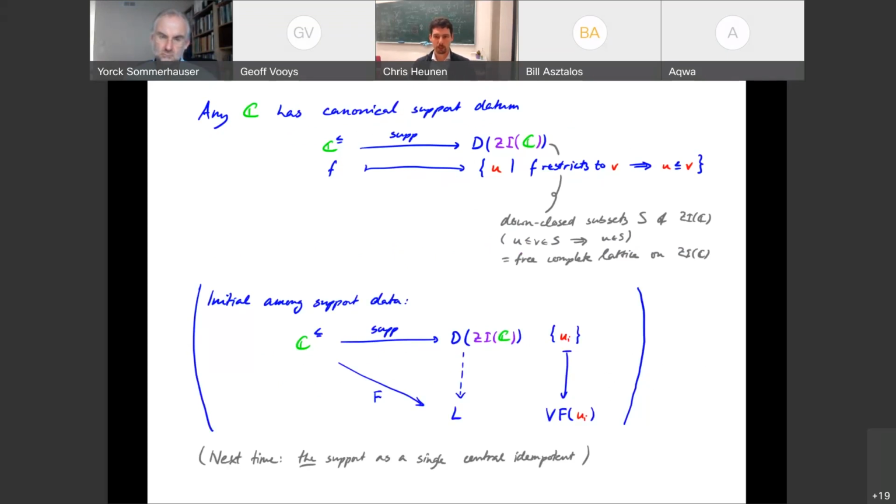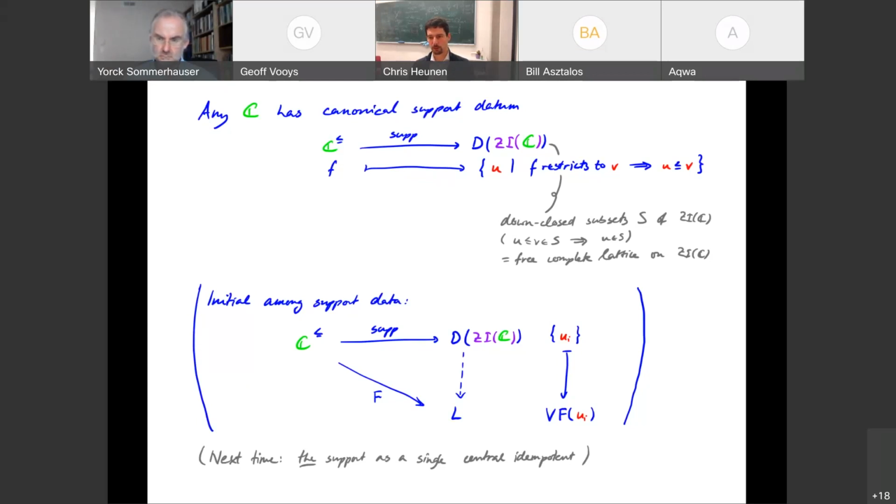Now there is a canonical support that I'll write as support that takes values in the down sets of the central idempotents. And that's sort of the free way to make the semilattice of central idempotents into a complete lattice. What it does is it takes a morphism and assigns to it all central idempotents, such that if f restricts to some central idempotent, it has to be above that one.